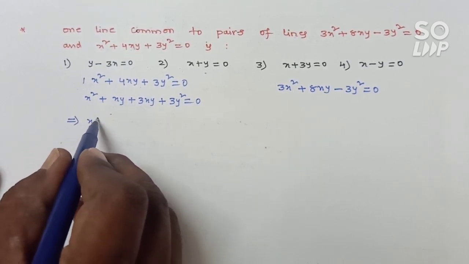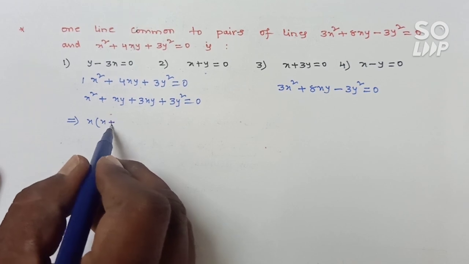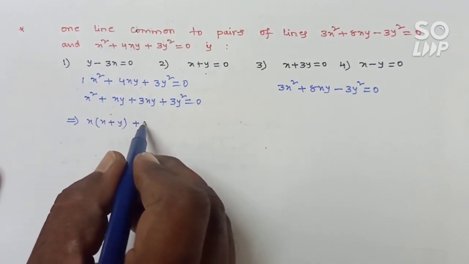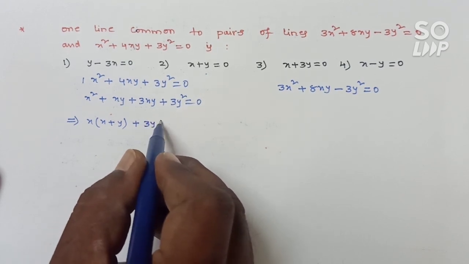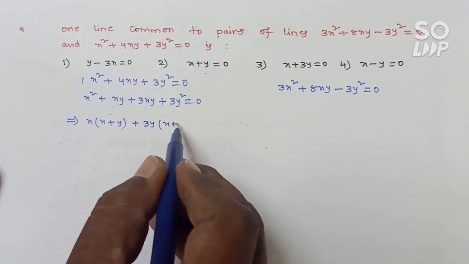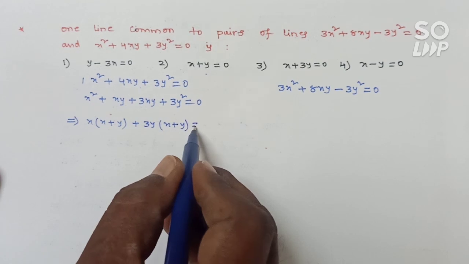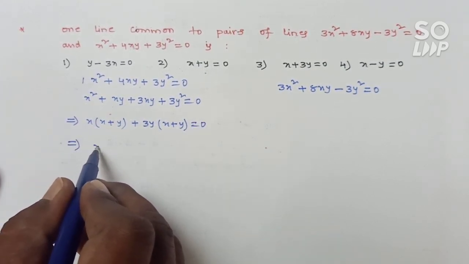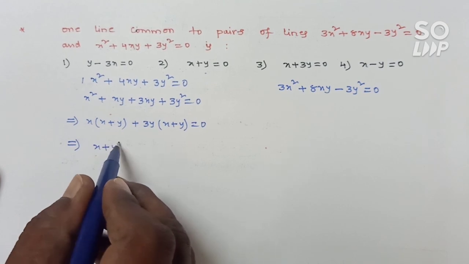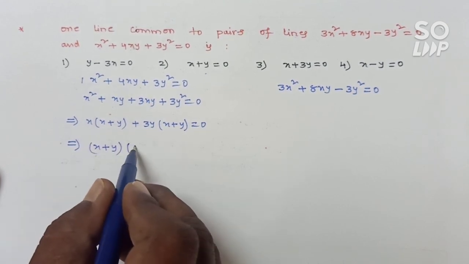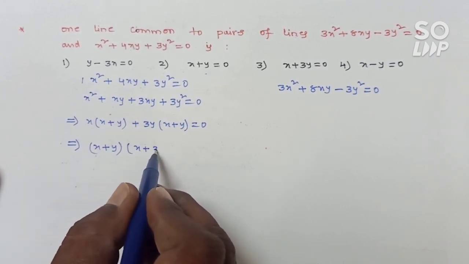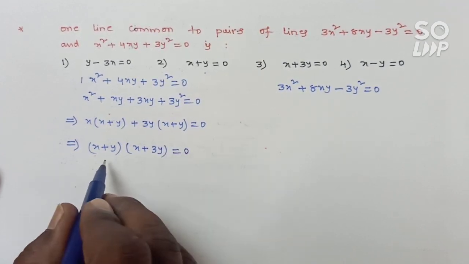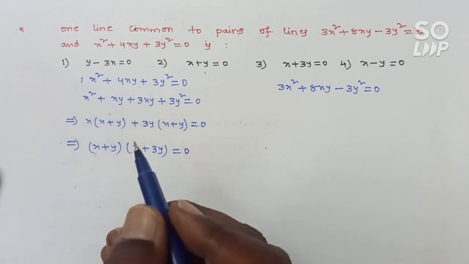That implies x into x plus y plus, here you take 3y as common, 3y into x plus y is equal to 0. Now again you take x plus y as common. x plus y into x plus 3y is equal to 0. These are the factors of the first pair of equations.